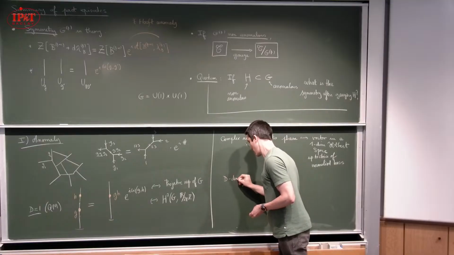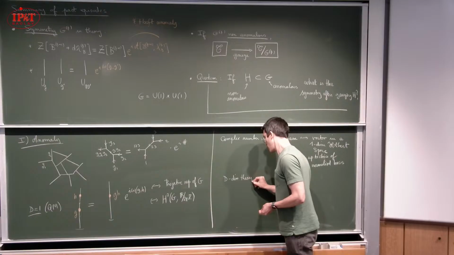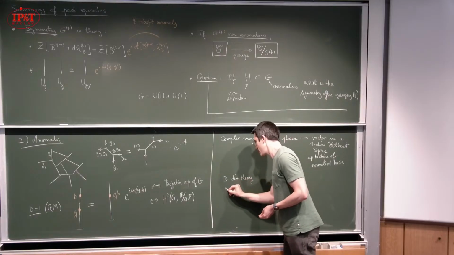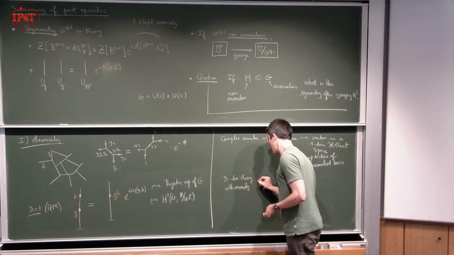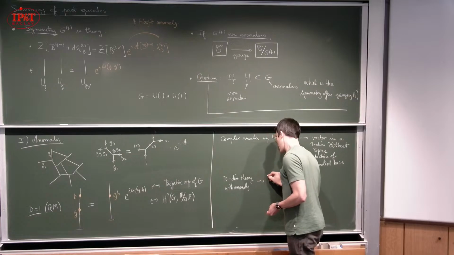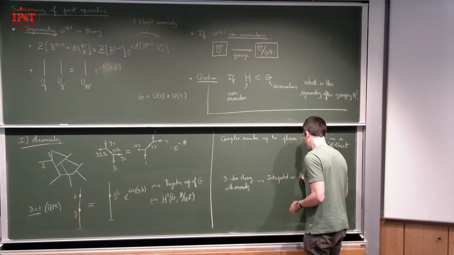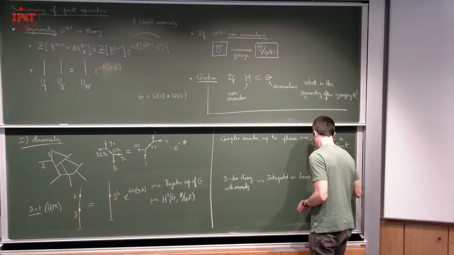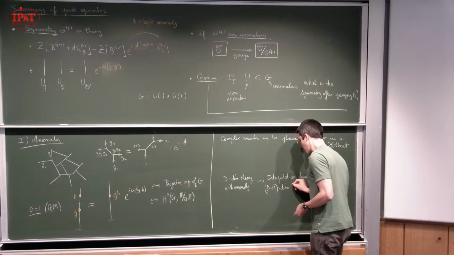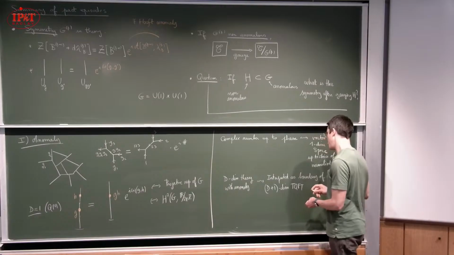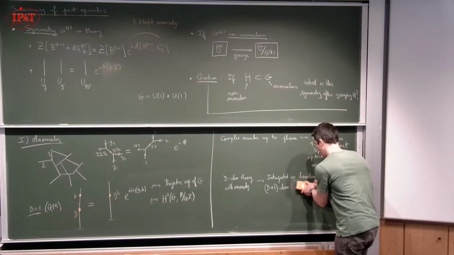That was d equal 1, but now let me generalize to D. So a D-dimensional theory with anomaly can be interpreted as the boundary of a D plus 1 dimensional topological quantum field theory, which is invertible.